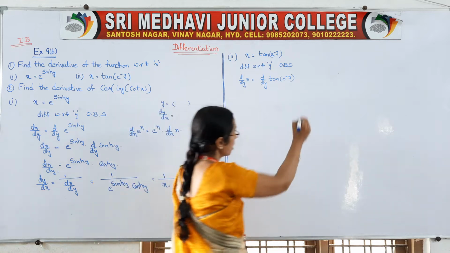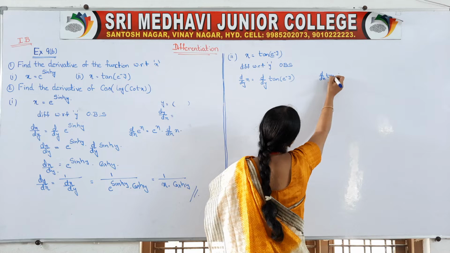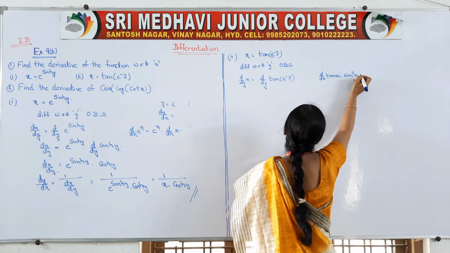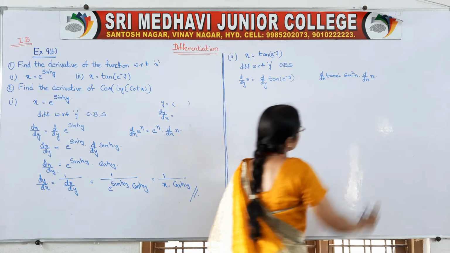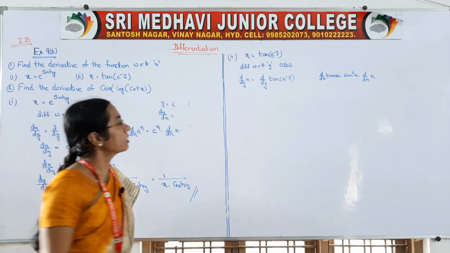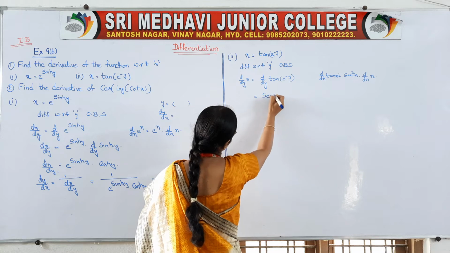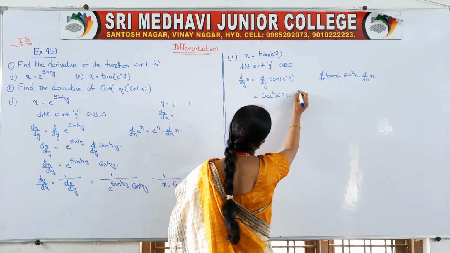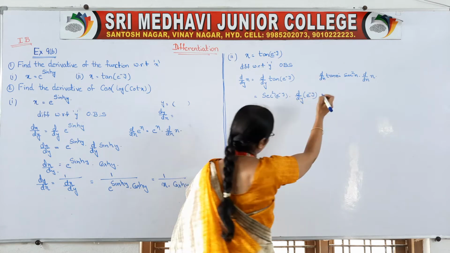So what is the formula of d by dx of tan x? It is secant square x into d by dx of x. Secant square of that variable into d by dx of that variable. So we will write this as secant square of e to the power of minus y into d by dy of e to the power of minus y.